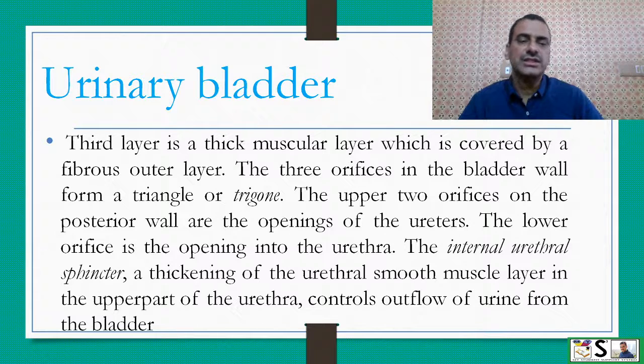The three orifices in the bladder wall form a trigone or triangle. The upper two orifices on the posterior wall are openings of the ureters and the lower orifice is opening into the urethra. The internal urethral sphincter, a thickening of urethral smooth muscle layer in the upper part of urethra, controls outflow of urine from the bladder.